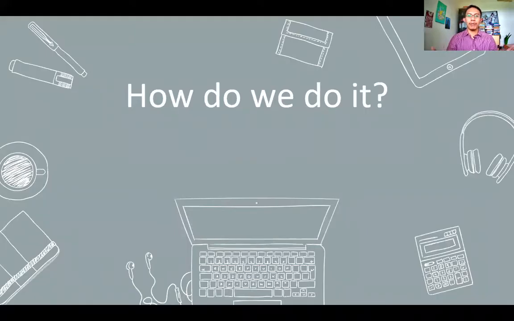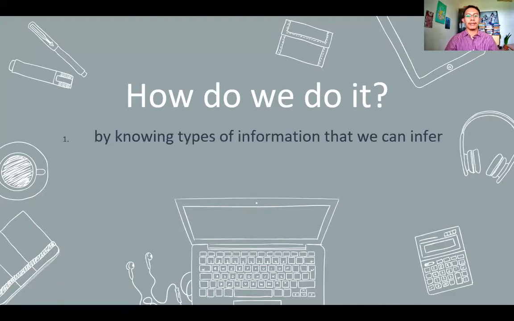Now, this is the big question. How do we do inferential reading? First of all, of course, you need to know what kind of information you can get from the text. Okay, you will need to know the types of information you can harvest from the text, information that you can infer. That's our big word, infer, knowing, but not literally.